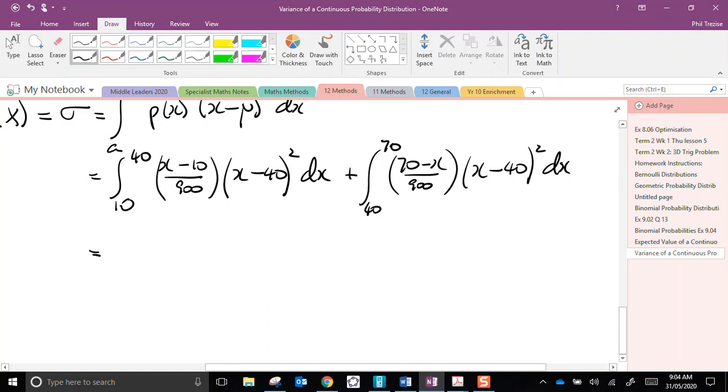Now, you could expand, you could multiply all of the terms, you could integrate, and then you could substitute and solve. If you were on a Tech Active exam, I would be plugging those into my calculator. When I did this, I had 75 for the first integral and 75 for the second, which is a total variance of 150.